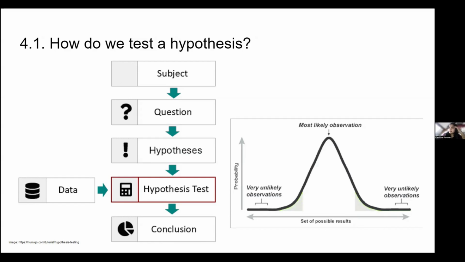And then most often with the hypothesis test, you get to see what we saw already: you look at a probability distribution of how your data is arranged, or how the population is organized, from the data that you collect.